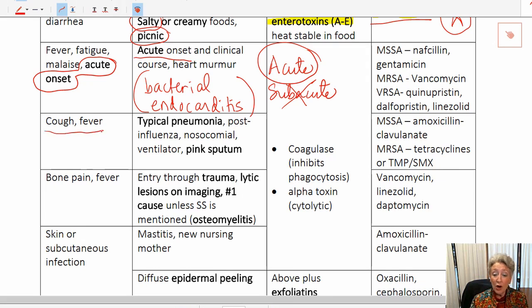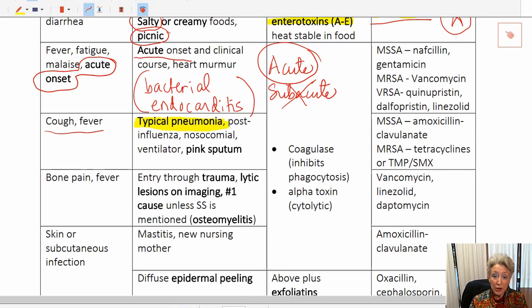If I have cough and fever, then realize Staph aureus is a relatively common cause of typical pneumonia, and you should associate typical pneumonia with, again, acute onset, high fever, productive cough, lobar consolidation.